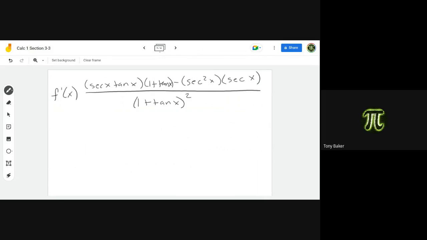How can you clean this up to make your life a little bit easier? It's pretty messy here. We're not going to deal with the bottom at all. Literally, the bottom is just going to stay like that. Do not try to FOIL that out. Just leave it like that, unless at the end, after you've cleaned up your top, you can do something with it. All right. I have a secant in both parts, so let's pull that out.